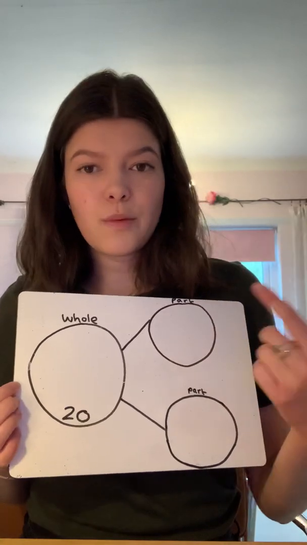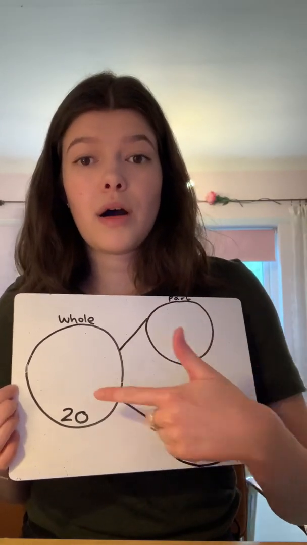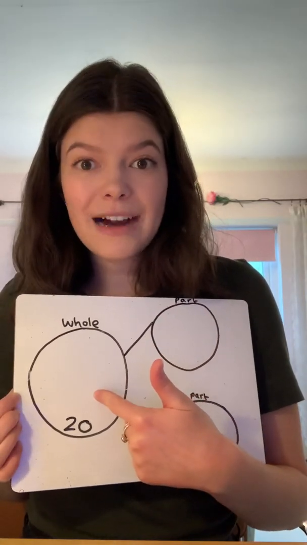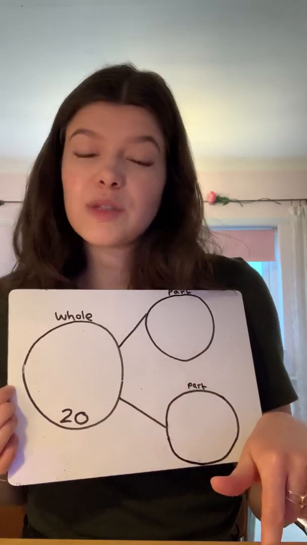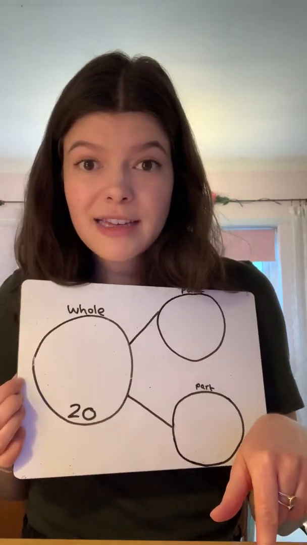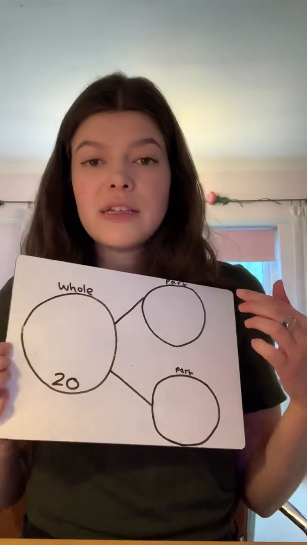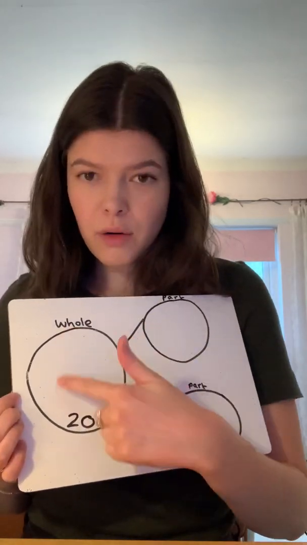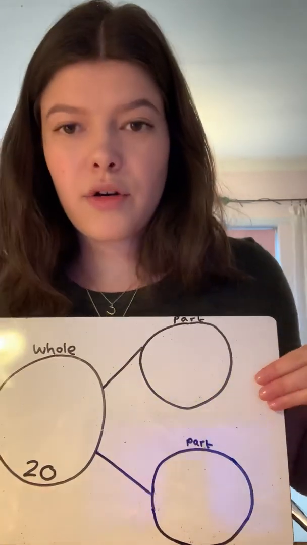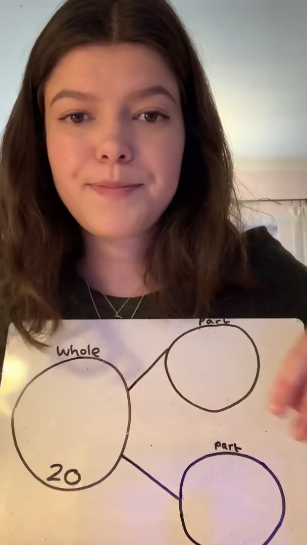Now today we're going to carry on using our part-part-whole model, but now, as well as using the objects, we're going to try and use it to help us write equations, okay? So I've got my whole, okay? So I'm starting with 20 objects because I want to find different ways to make 20, okay? So our number one's to 20.